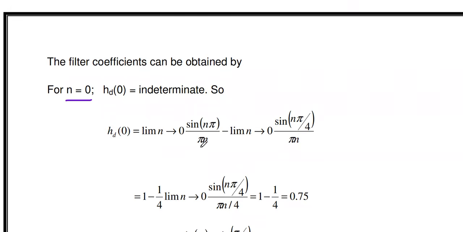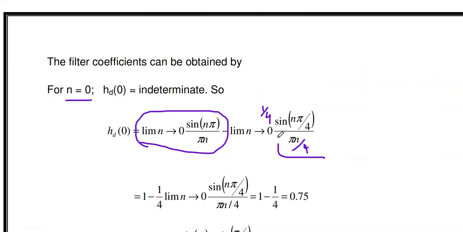So that's why hd of 0 equals limit n tends to 0 of the first term, minus limit n tends to 0 of the second term. Already you know the structure: limit n tends to 0 of sine theta divided by theta, the answer is 1. Similarly here, pi by 4 is available, so you just multiply by 1 by 4 in the numerator and denominator.